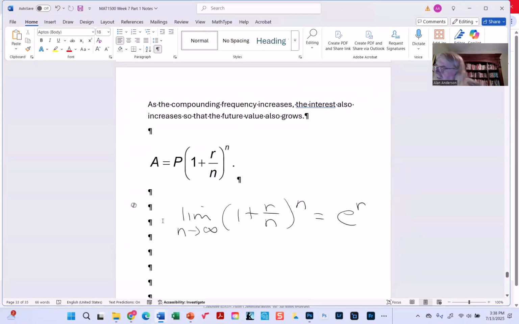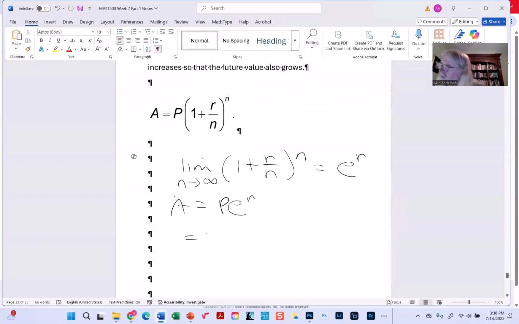So that means that A would be simply P times e to the r. And in this example, with an 8% interest rate, the future value would be 1083.29.